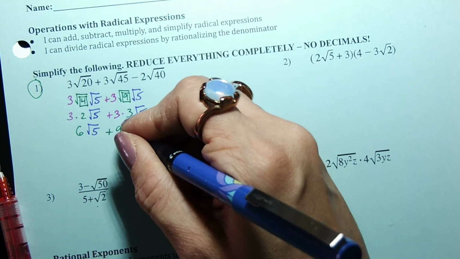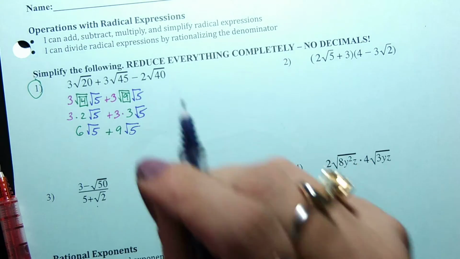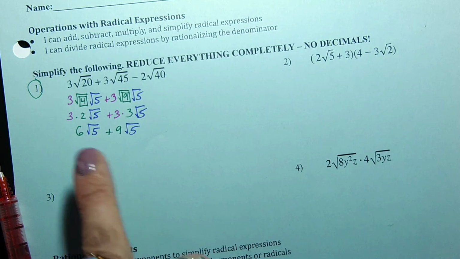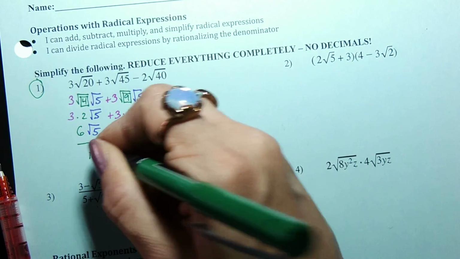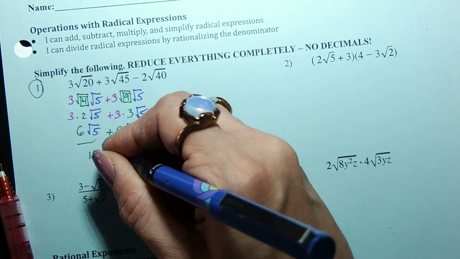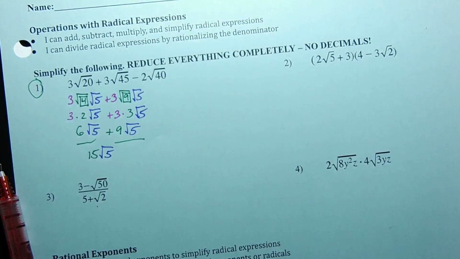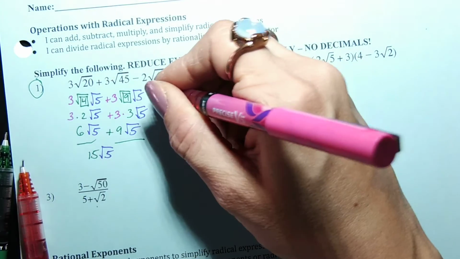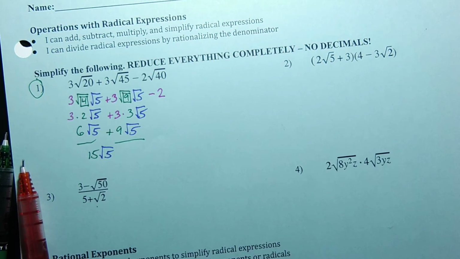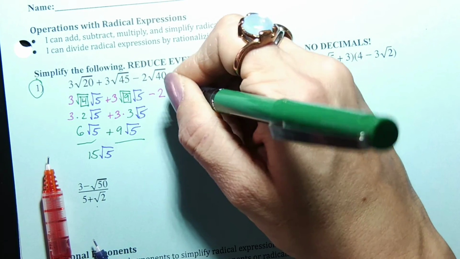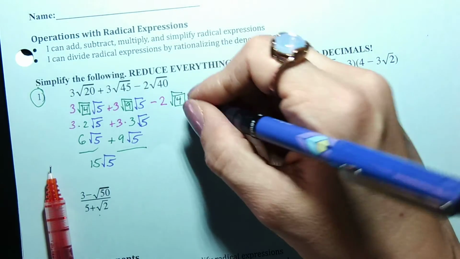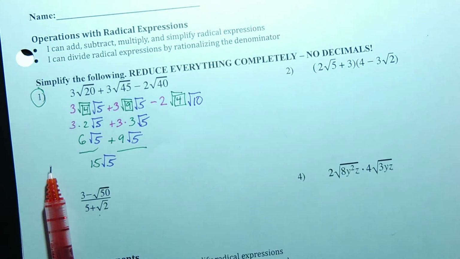So we got 9 rad 5 and 6 rad 5. Are those like radicals? Yep, so I will be able to add these two together to get 15 rad 5. And you don't have to do that at this point. You can wait until the end. Let's see what happens with our other radical. This is negative 2. Biggest perfect square I can take out of 40: 10 and 4. 4 is the perfect square. 10 is the non-perfect square.